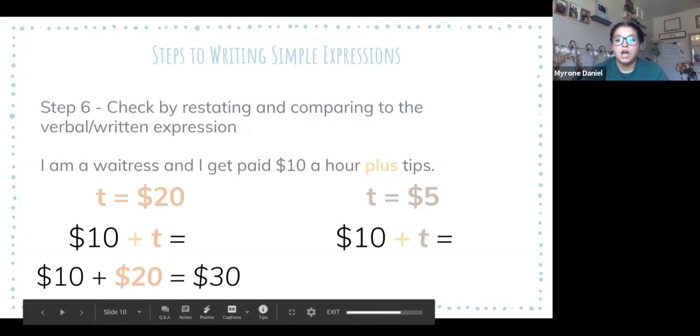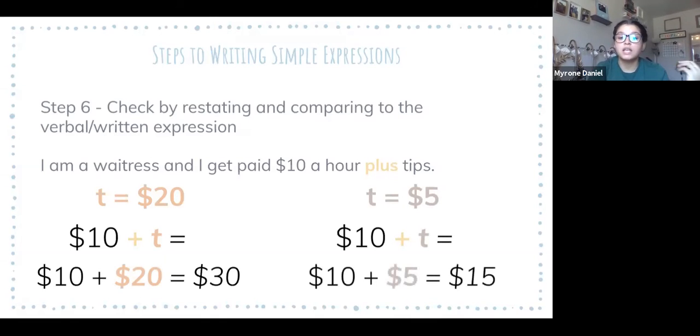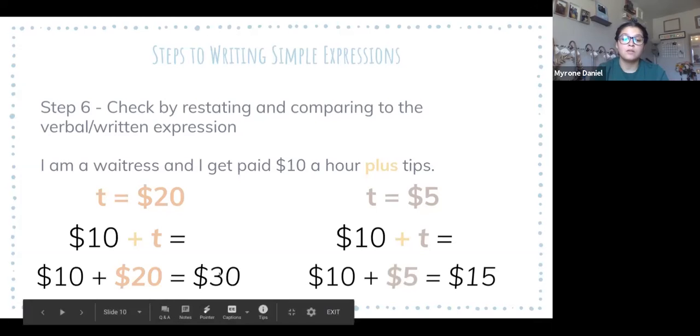So now we know that our tips are $5, so we should be adding the $5 to our $10. 10 plus 5 equals 15, so that was my hourly wage for the 1 hour where I made tips of $5. Now if I made tips of 20, I obviously made more money because I got more in tips.